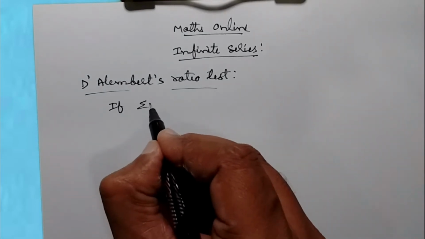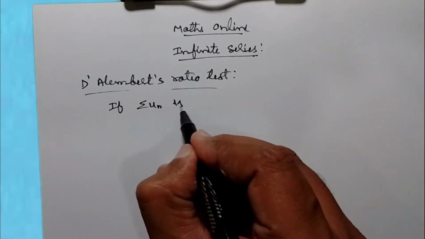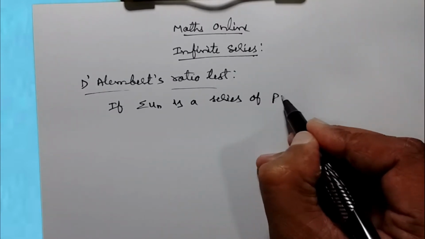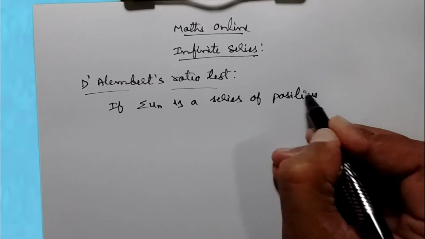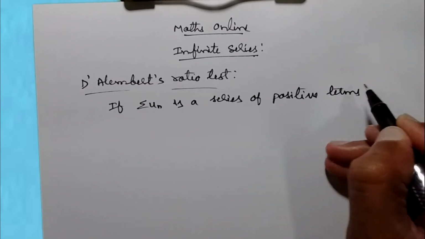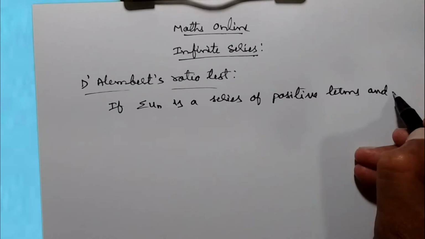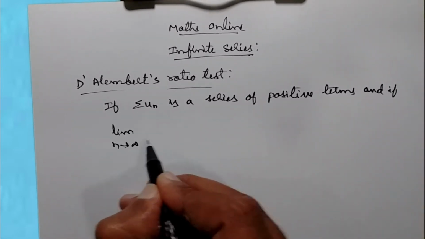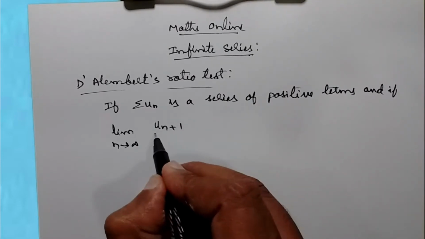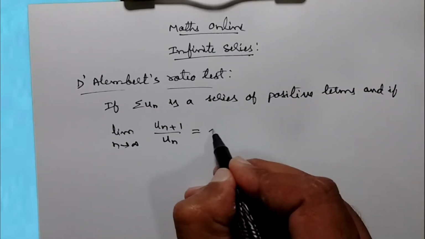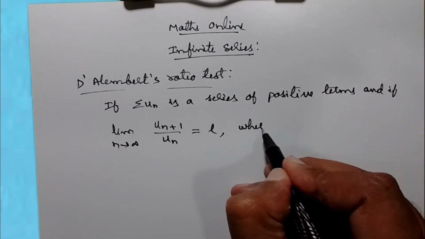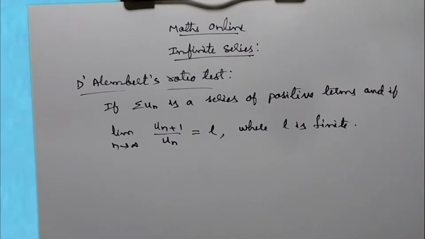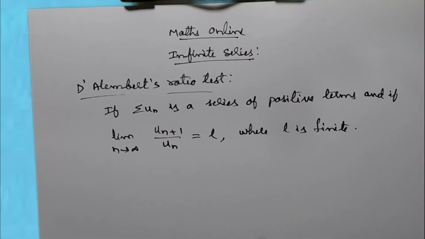If summation of un is a series of positive terms, and if I take the limit as n tends to infinity, un plus 1 by un is equal to L, where L is a finite value.